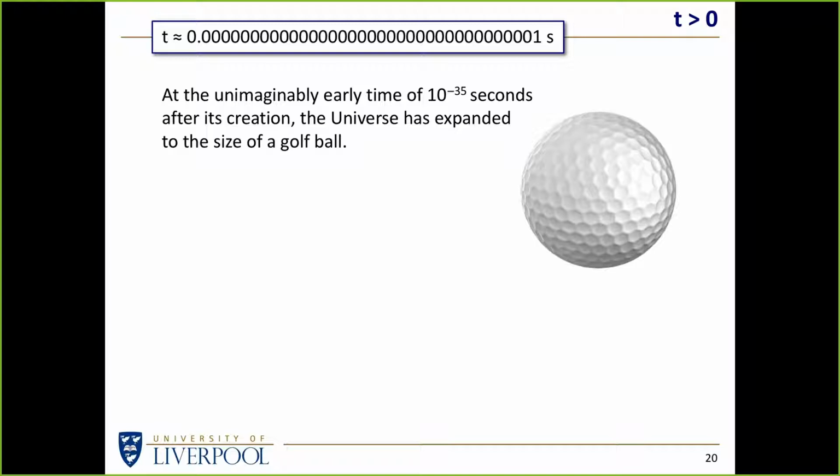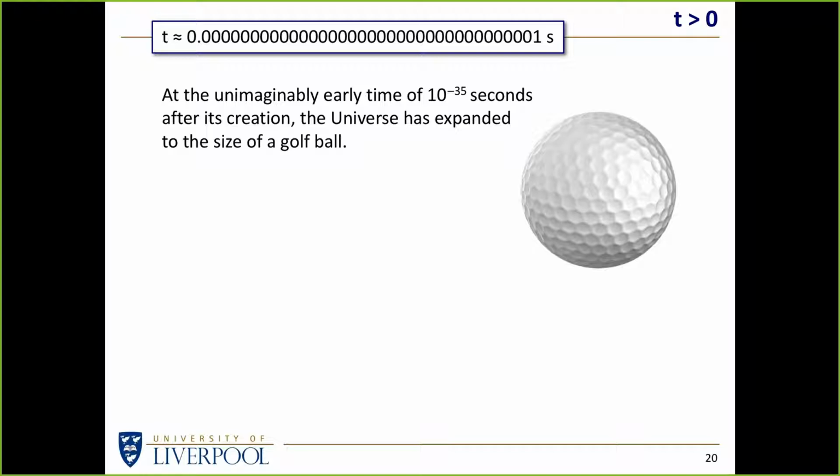Golf ball is a nice little analogy because it gives us an idea of the size, and by size I mean imagine that everything that we can currently see in the observable universe, so everything that's within tens of billions of light years of us at the moment, how close were those at this particular point in time? All of those objects would have been inside a sphere the size of a golf ball.